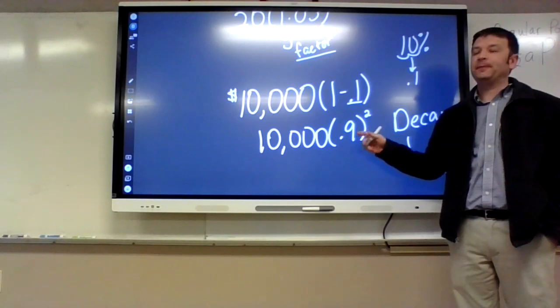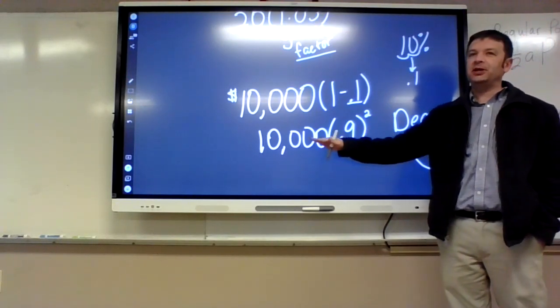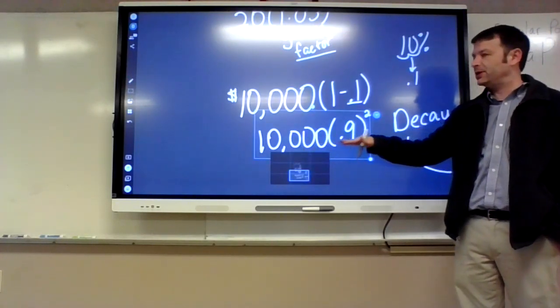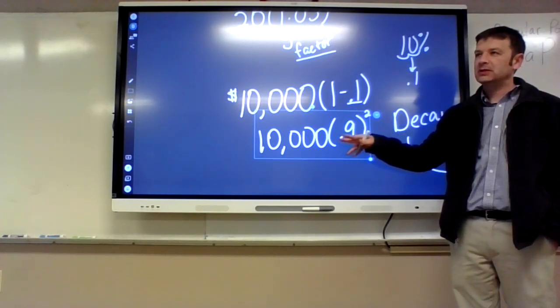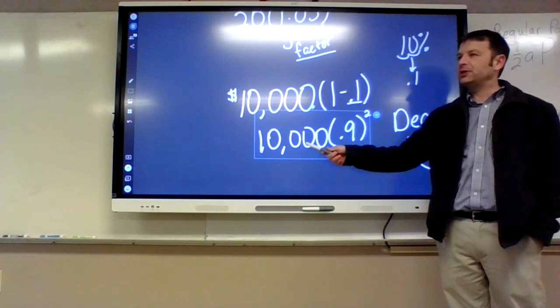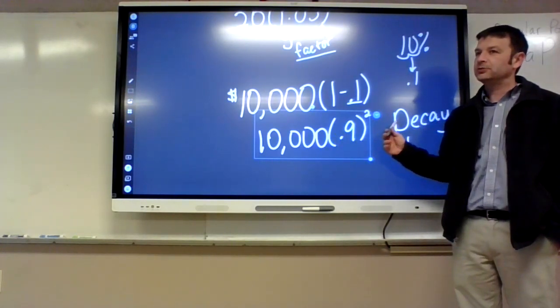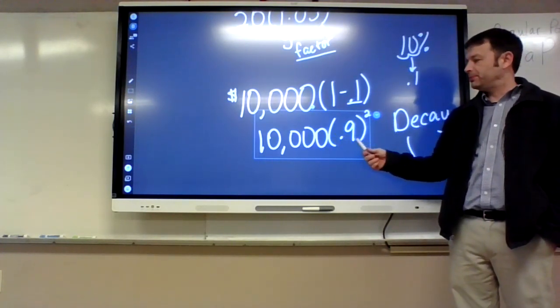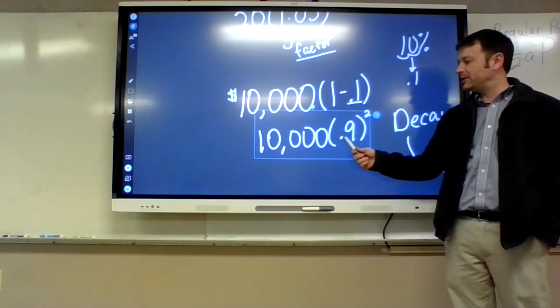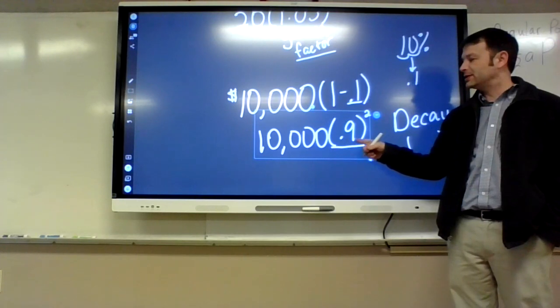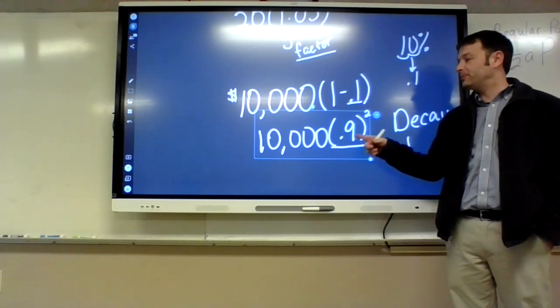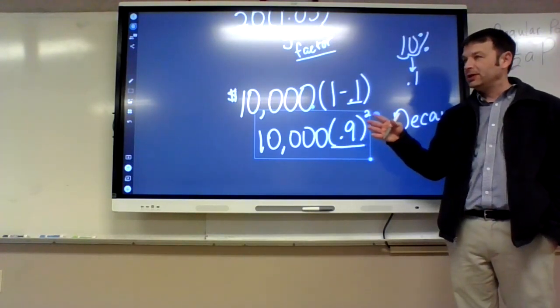How do we know if this number is going to get bigger or smaller over time? How do we know if the 10,000 is going to get bigger or smaller? To be more specific, if the growth factor is less than 1, like if you multiply by 0.9 or 0.5, that's cutting it.